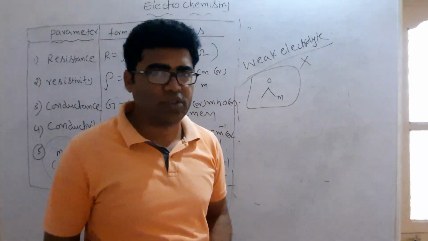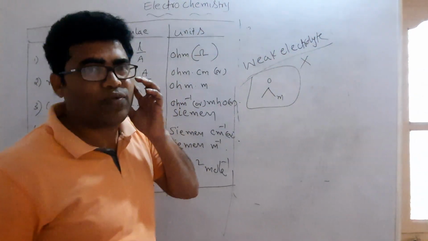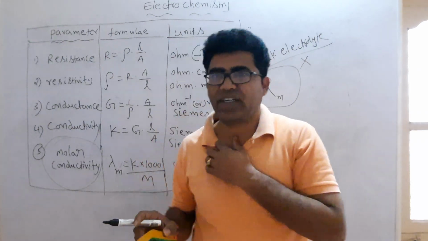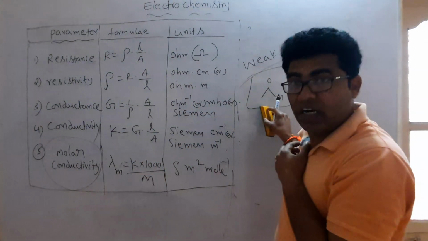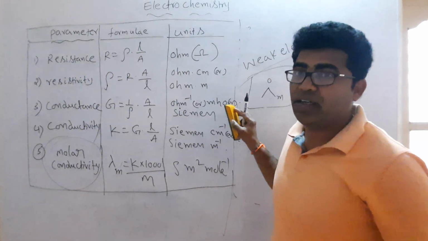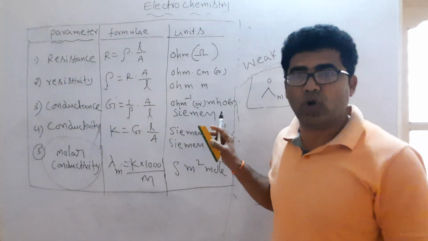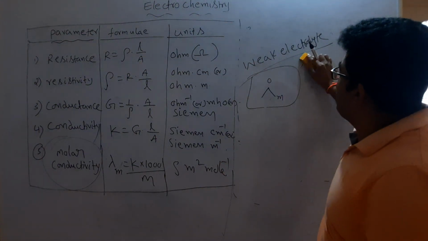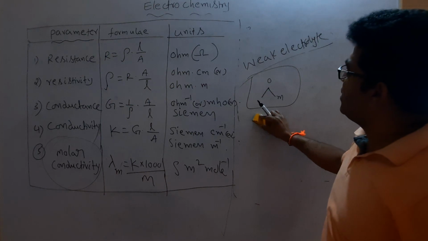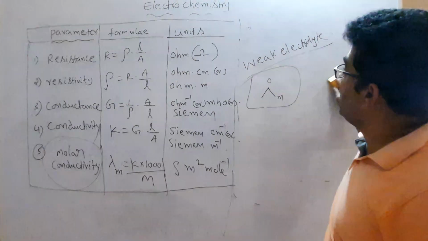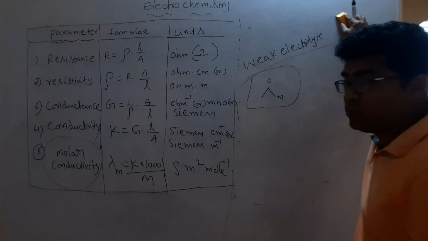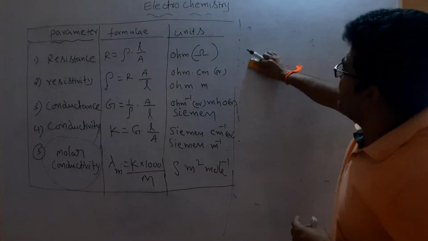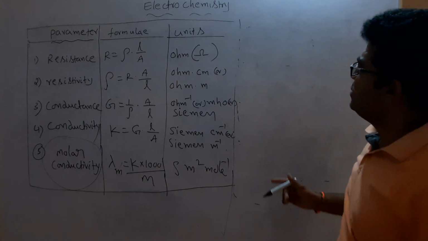That mathematical approach to find the molar conductivity of a weak electrolyte at infinite dilution was given by the scientist Kohlrausch. Now, what he said, we will discuss.